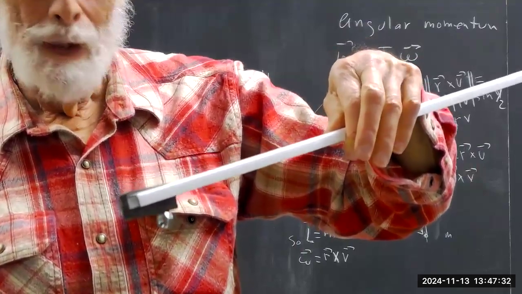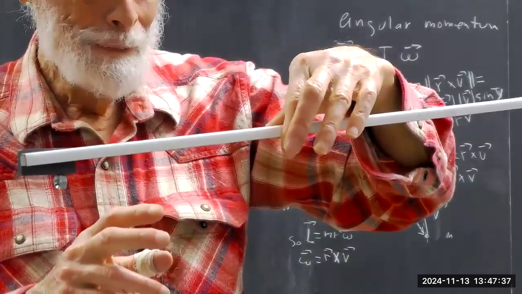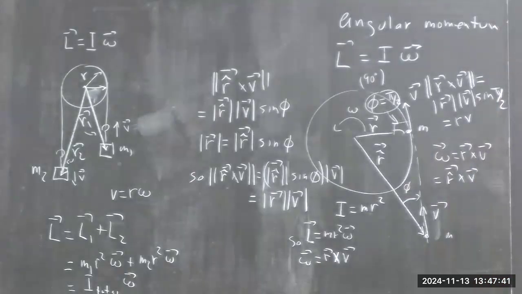Now my fingers don't make a good frictionless axle, but this thing would then start rotating. I can demonstrate that with the apparatus here. Go. That's actually going into something very much like angular simple harmonic motion. It's going to start rotating back now.